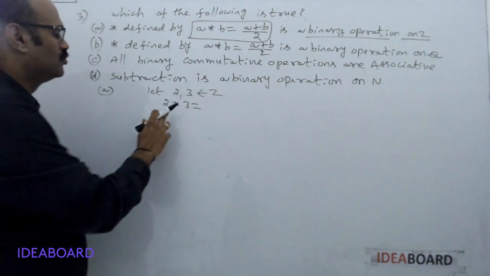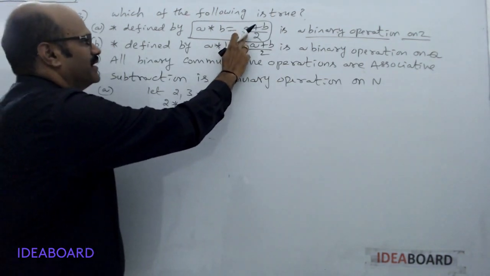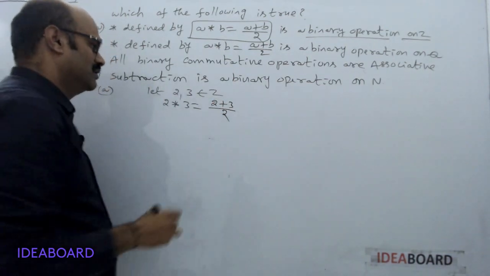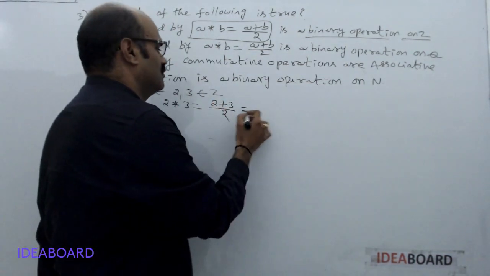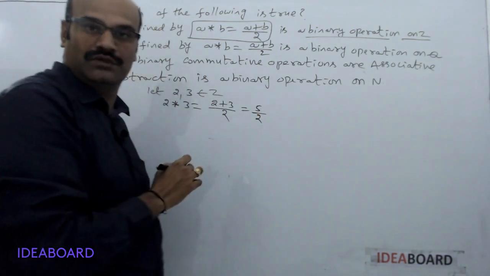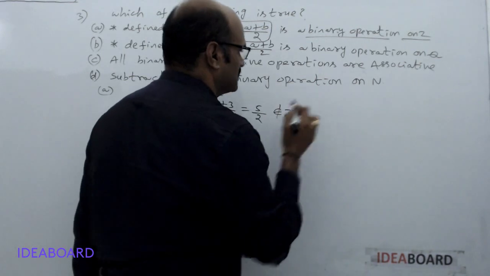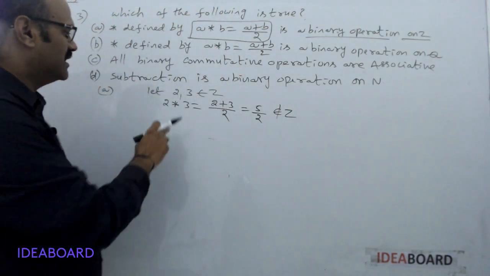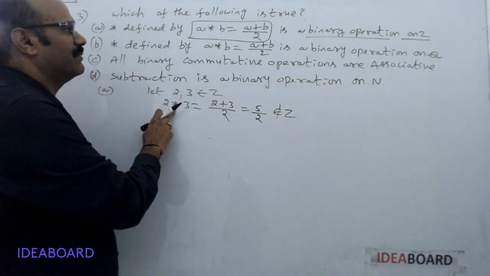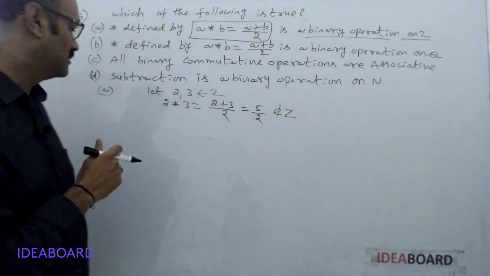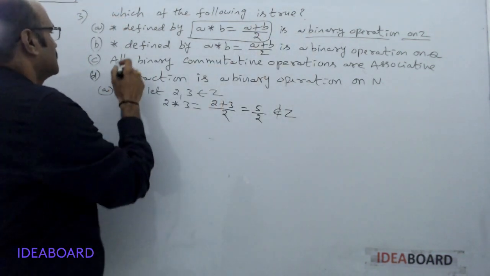So 2 plus 3 by 2 equal to 5 by 2. So 5 by 2 is not belonging to the set of integers. So we say that star is not a binary operation on the set of integers. So it is false.